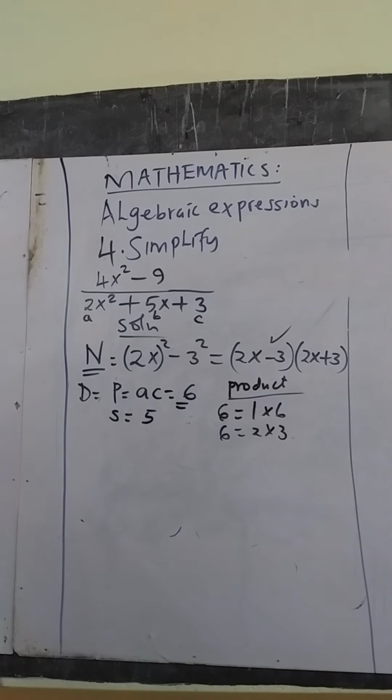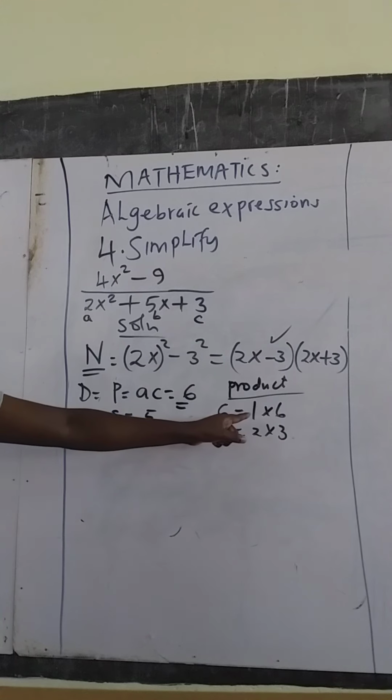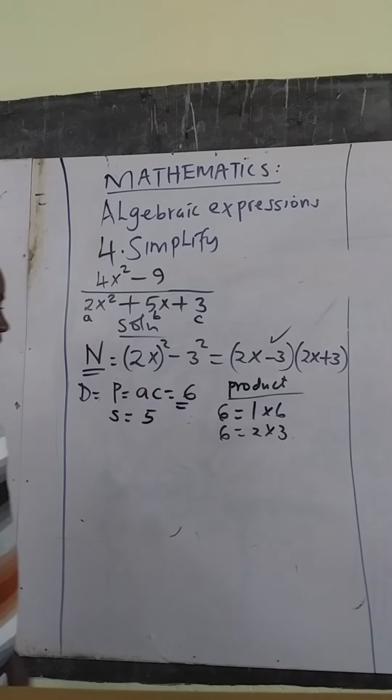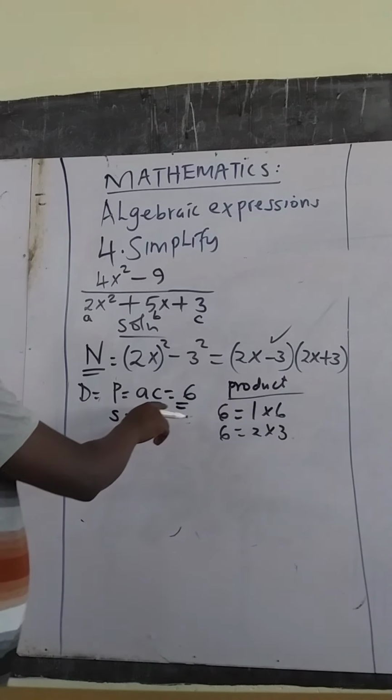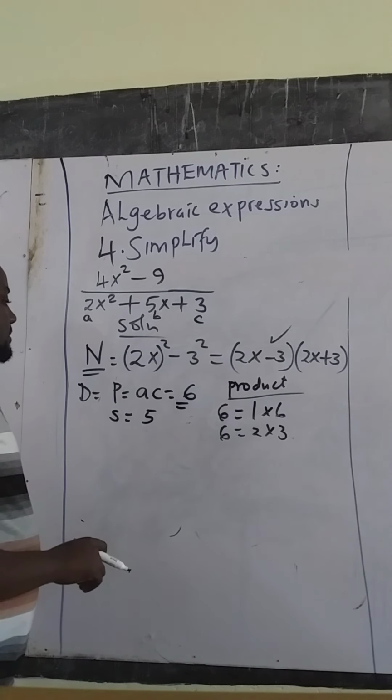That means the numbers that we can have... what do we have here? Product is 6, sum is 5.